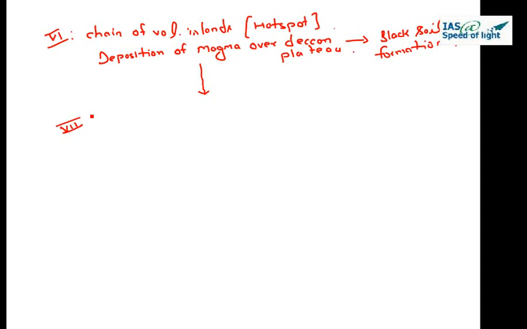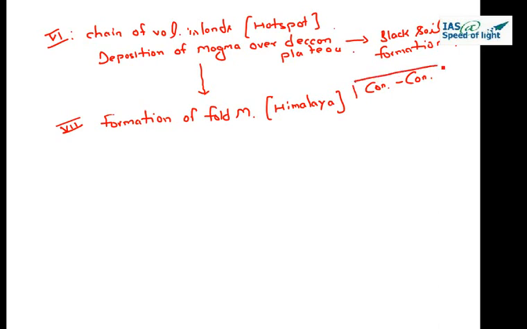then finally the Indian plate and the Eurasian plate collided, and we saw the formation of young fold mountains, the Himalayas, which we saw just now: the convergence of continental and continental plate leads to the formation of fold mountains.